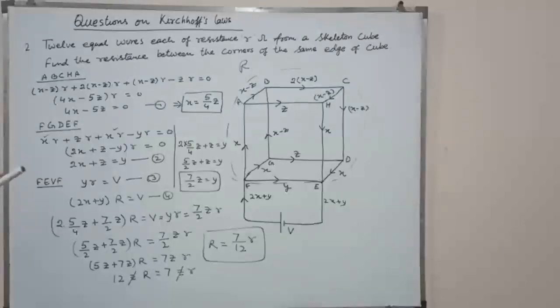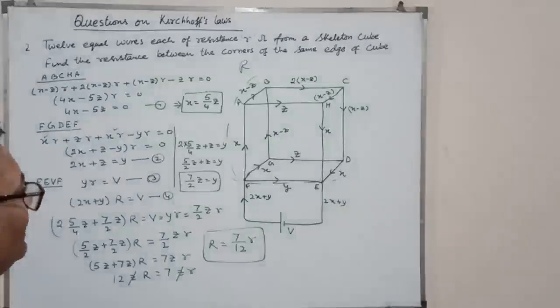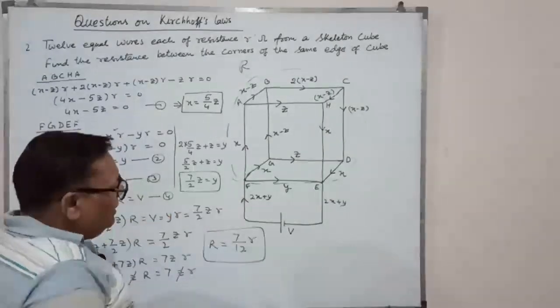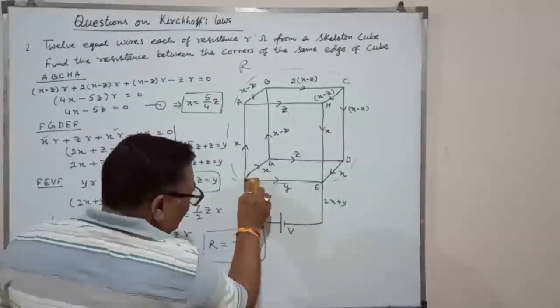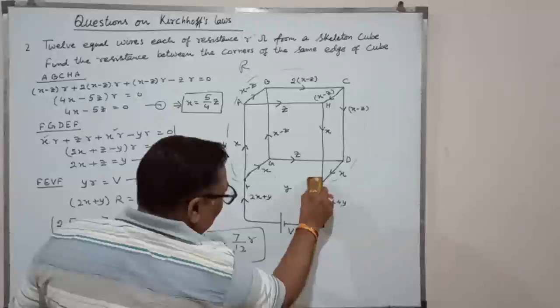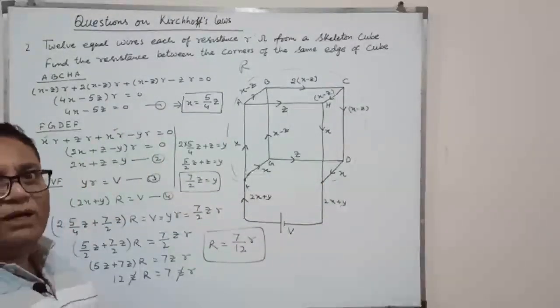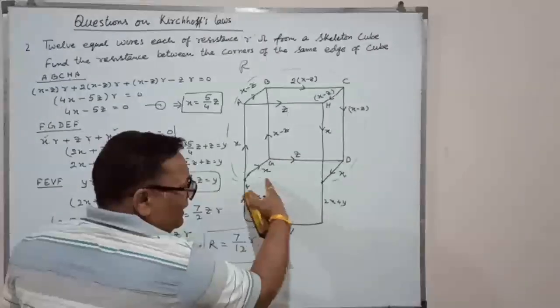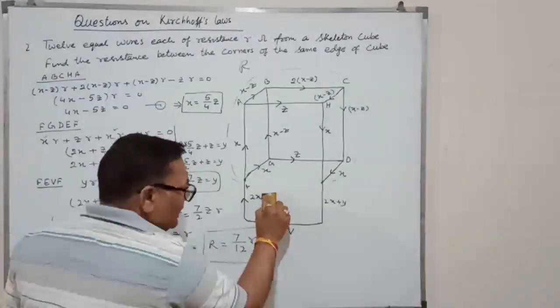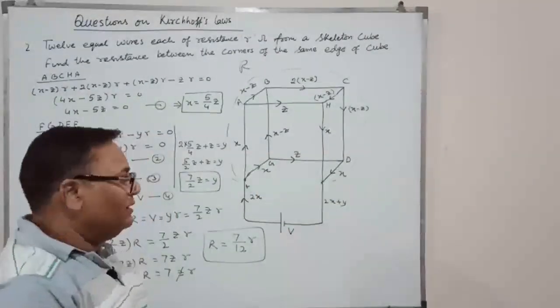Clear? One question is again formed by using the same pattern. Like there is 11 R in this mesh. There is no R in this part. Here y is no current, then the current is 2x.